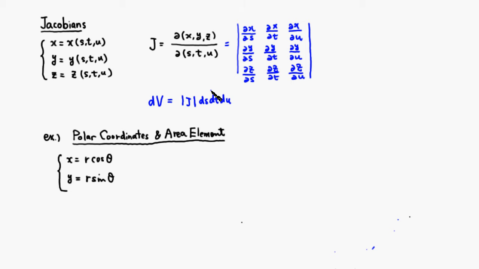So let's use the Jacobian to see that this actually works for the area element too, for polar coordinates. We know that the area element for polar coordinates is r dr d theta. Can we get that? Let's find the Jacobian first.